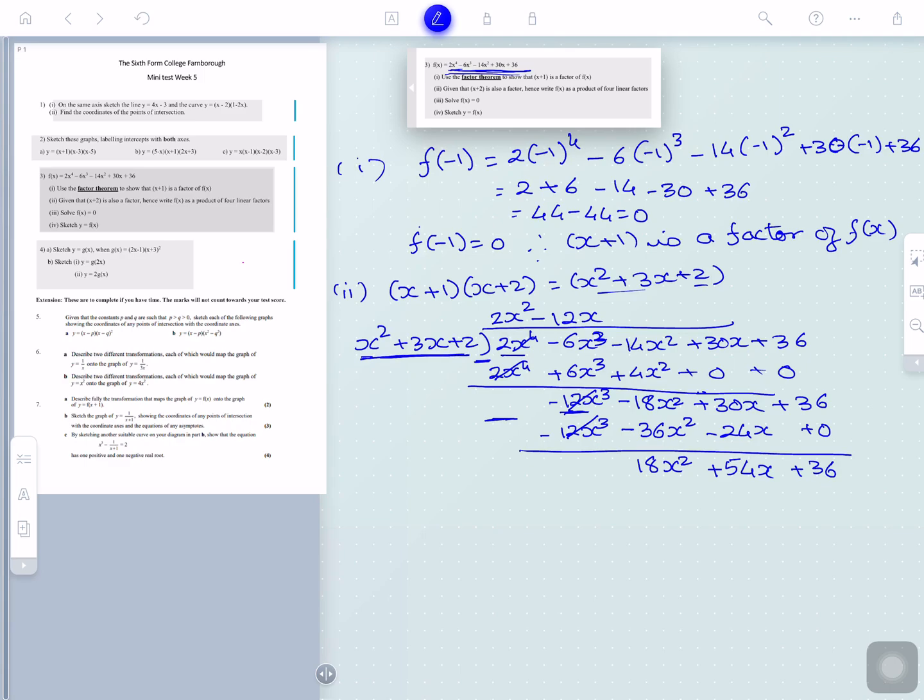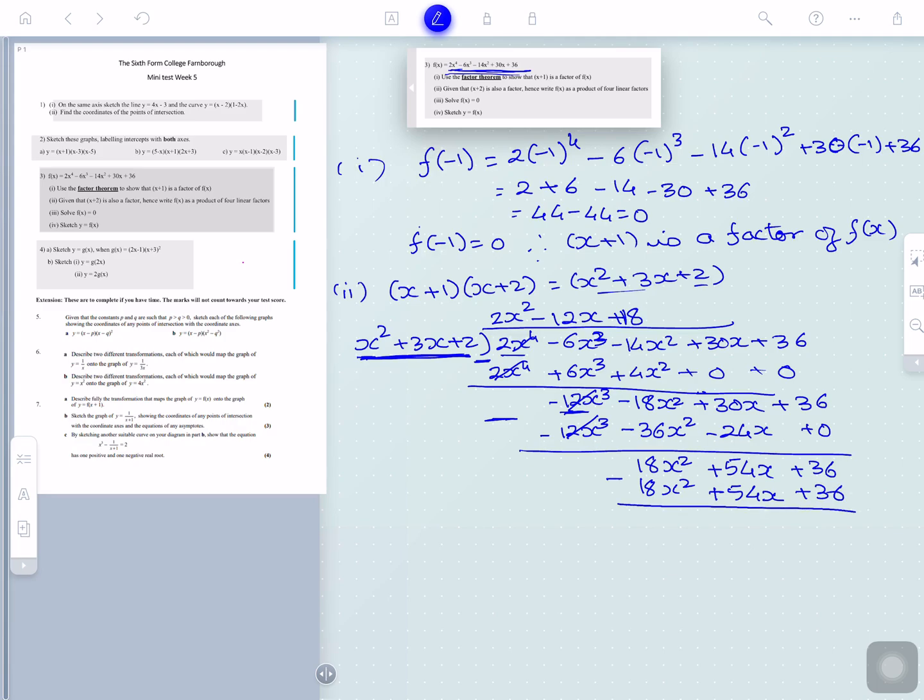So now what will I times x squared by to get 18x squared? It is 18. Then times all this by 18. So 18x squared, 18 times 3 is 54x, 18 times 2 is 36.